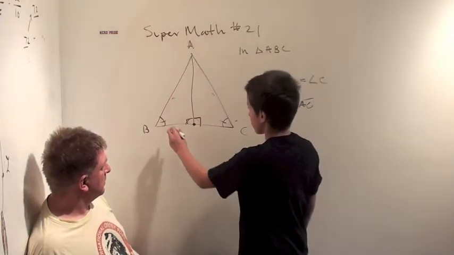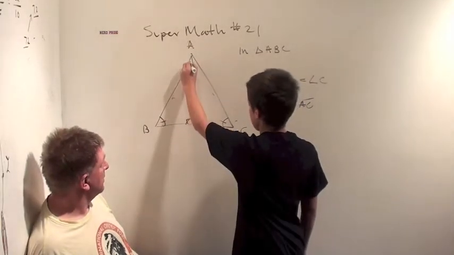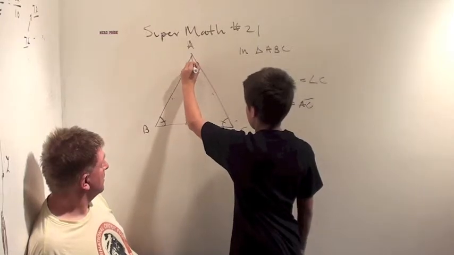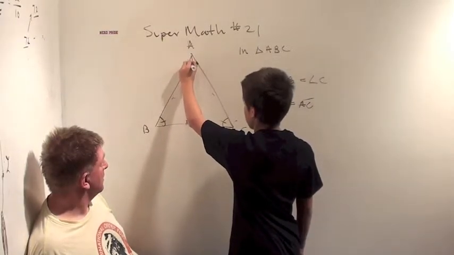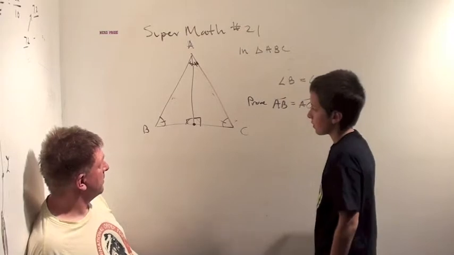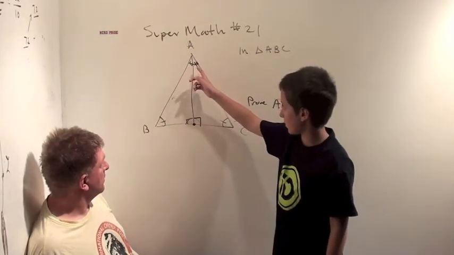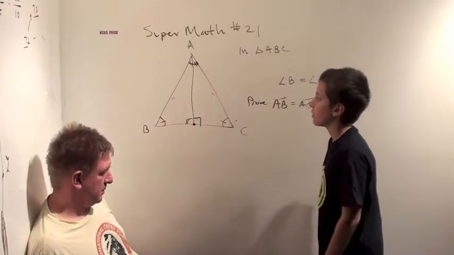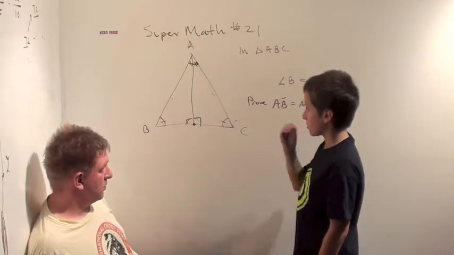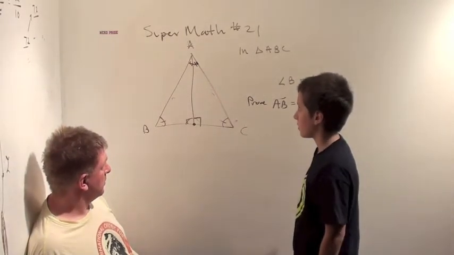So from these two angles, this third angle up here, these are the same. Just two dashes. Because if you have two angles that are the same, these two can't be different.